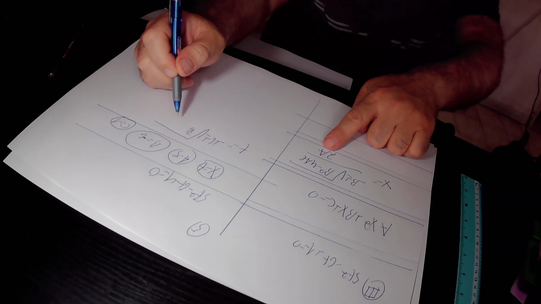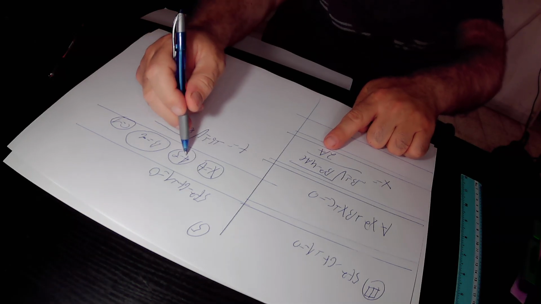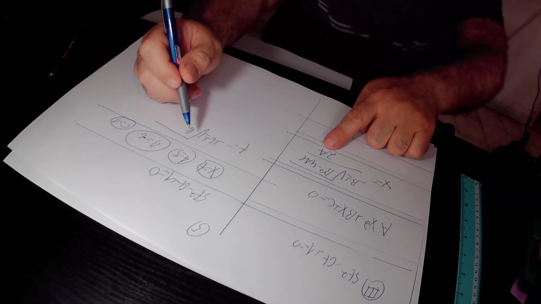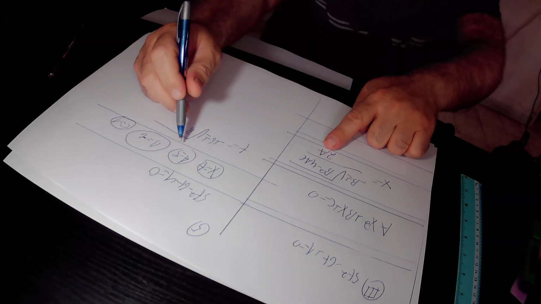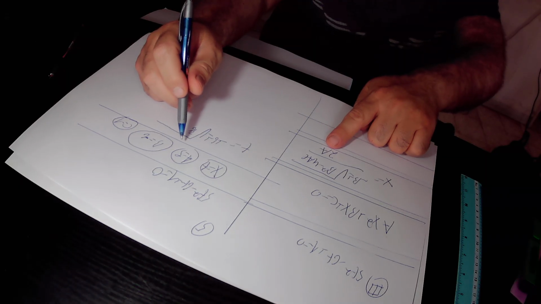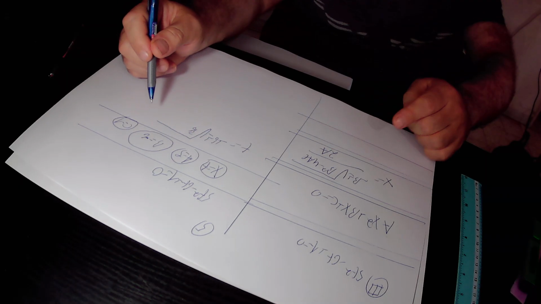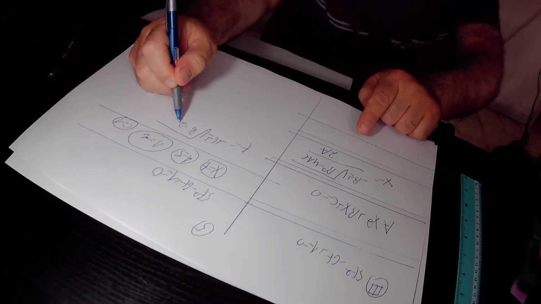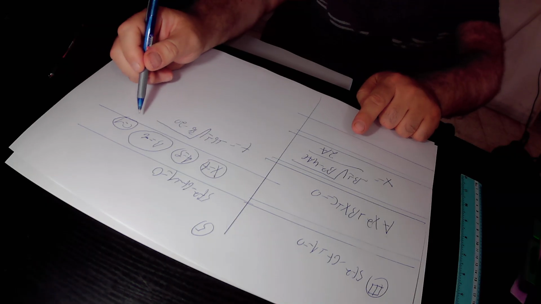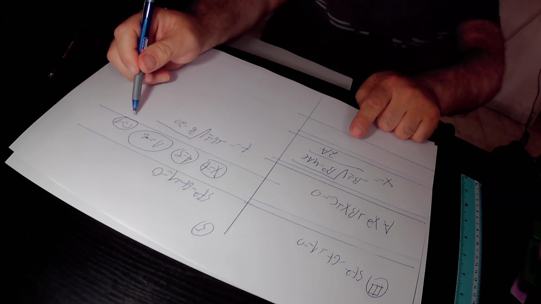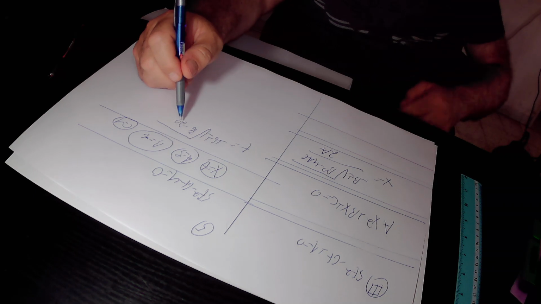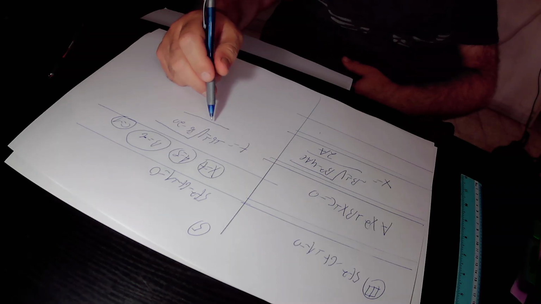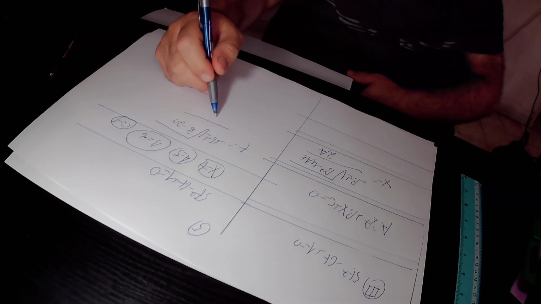Minus 4 times a. a is 5, and minus 4 times 5 is minus 20, times c. c is 1, so minus 20 times 1 is minus 20. So inside the root we have 36 minus 20, divided by 2a. a is 5, so 2 times a is 2 times 5, that is 10.